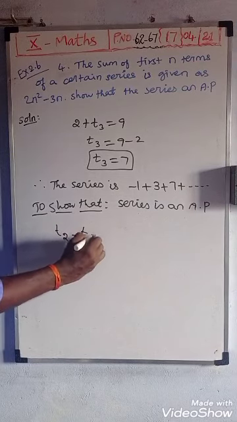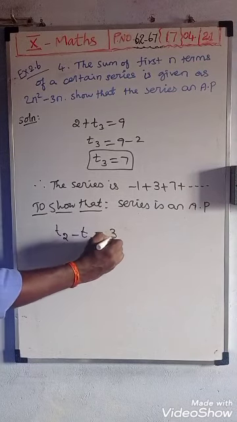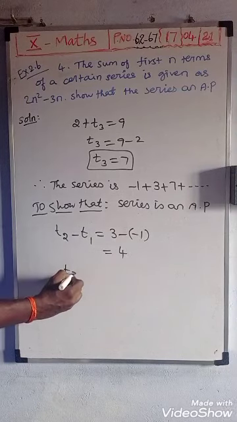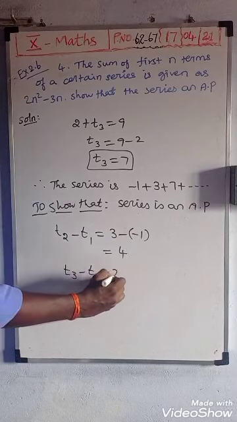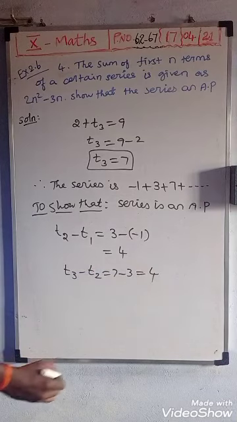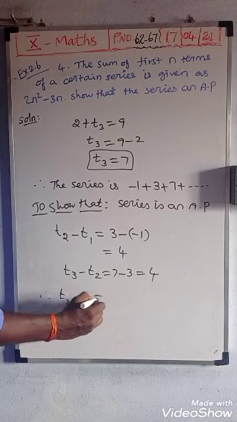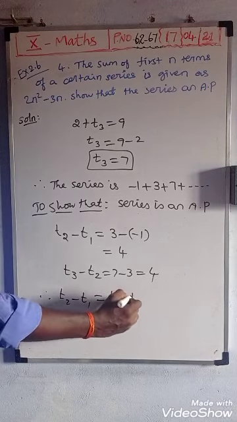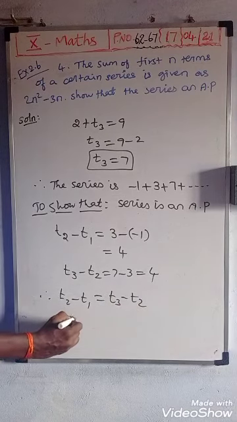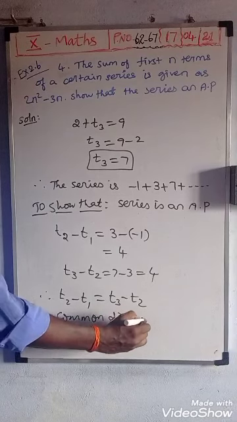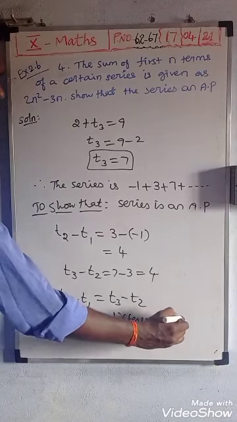T2 minus T1 is equal to 3 minus of minus 1, which is 4. Next, T3 minus T2 is 7 minus 3, which is 4. Therefore T2 minus T1 is equal to T3 minus T2. The common difference is equal.